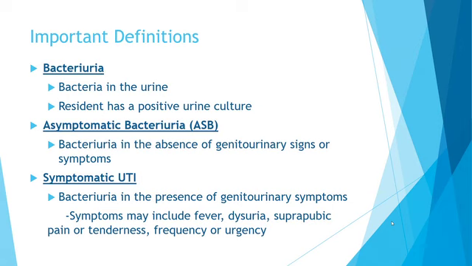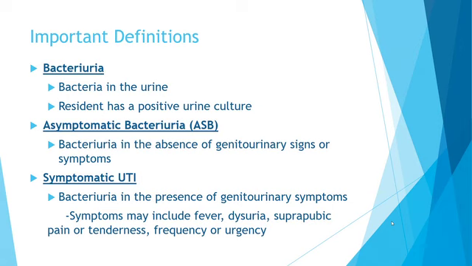So we really need to understand the difference between asymptomatic bacteriuria and symptomatic UTI. Asymptomatic bacteriuria is most commonly found in elderly patients, and that's just when you have natural bacteria that sits in your urine. A symptomatic UTI is when they are actively having a urinary tract infection.